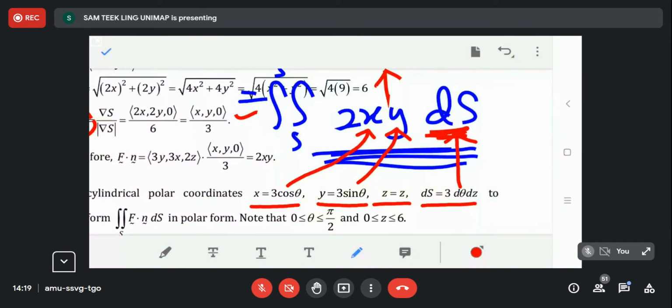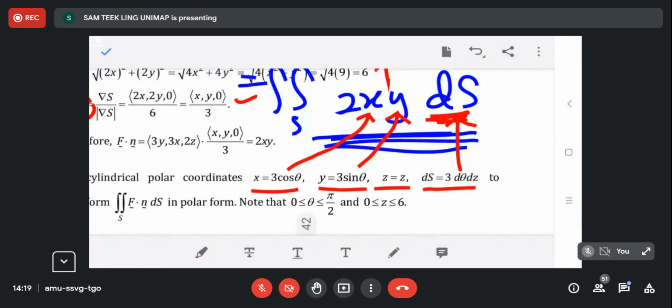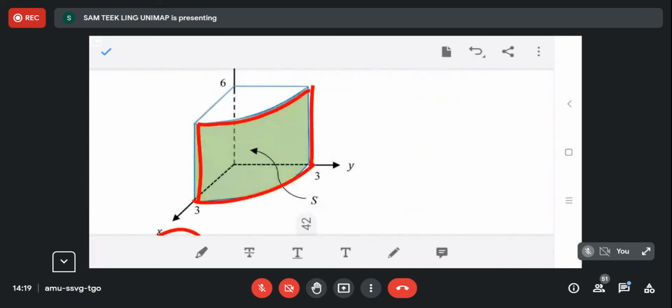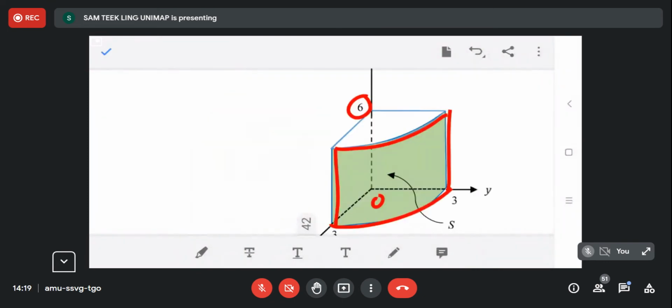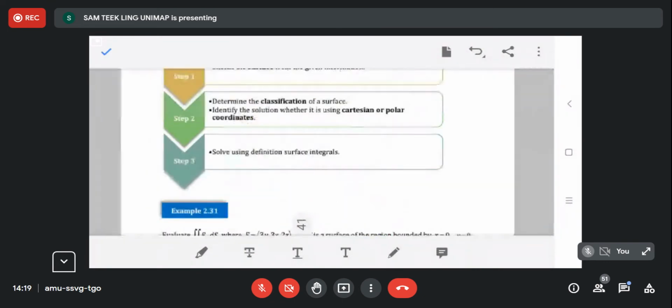Then, if you integrate, you need theta and z limits. So your z limit, from your picture you can directly see, or from your question, z is 0 to 6. You can see here 0 to 6.